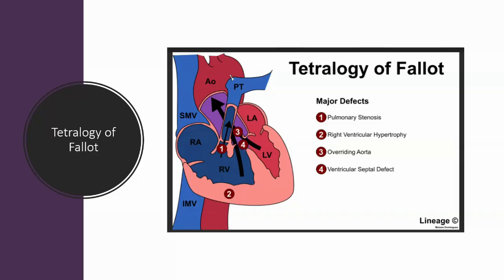So if it's mild, it can be from left to right, and the clinical picture resembles that of a normal VSD. And these are called acyanotic or pink TOFs. And then obviously with more severe, the shunt is from right to left, resulting in a cyanotic tetralogy of Fallot.